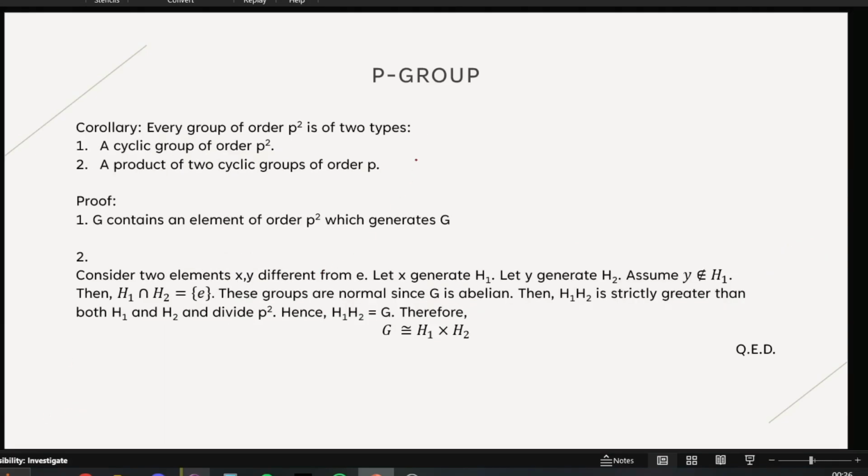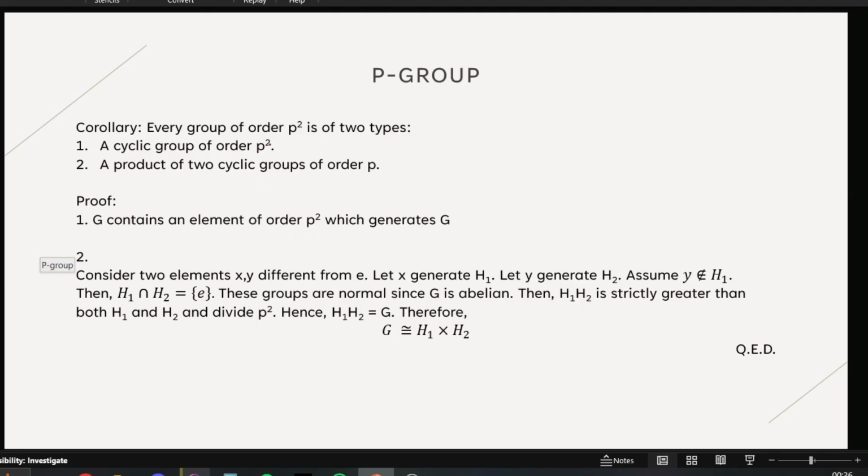So next is a follow-up for that. This proposition is that every group of order P square is of two types. It is either a cyclic group of order P square or a product of two cyclic groups of order P. The first one is very simple.